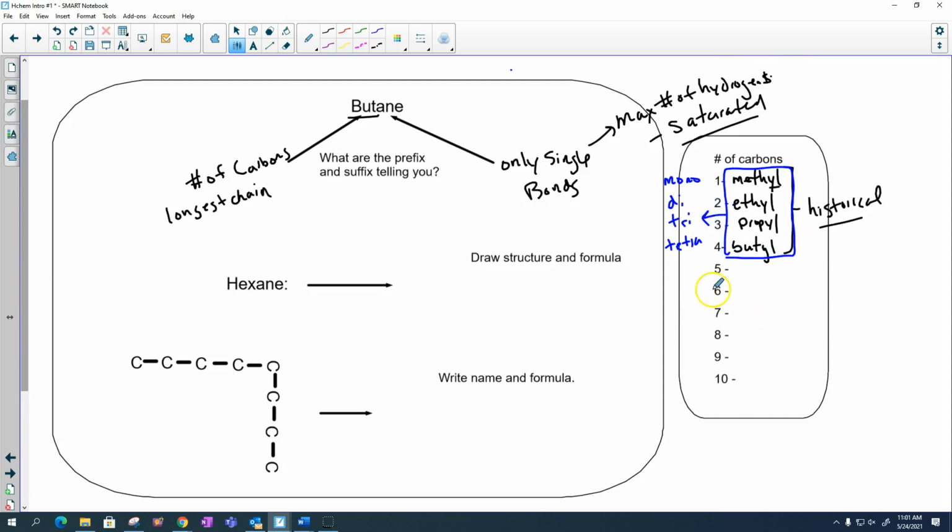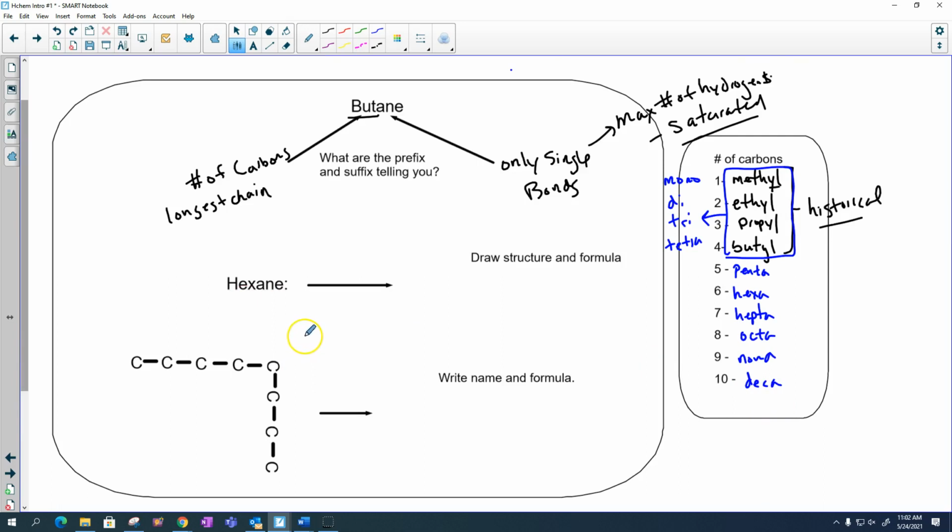That's only for the means of telling us the number of carbons. Okay. Either way, the rest of the time we flip to the normal Latin form, which is penta, hexa, hepta, octa, nona, and deca.